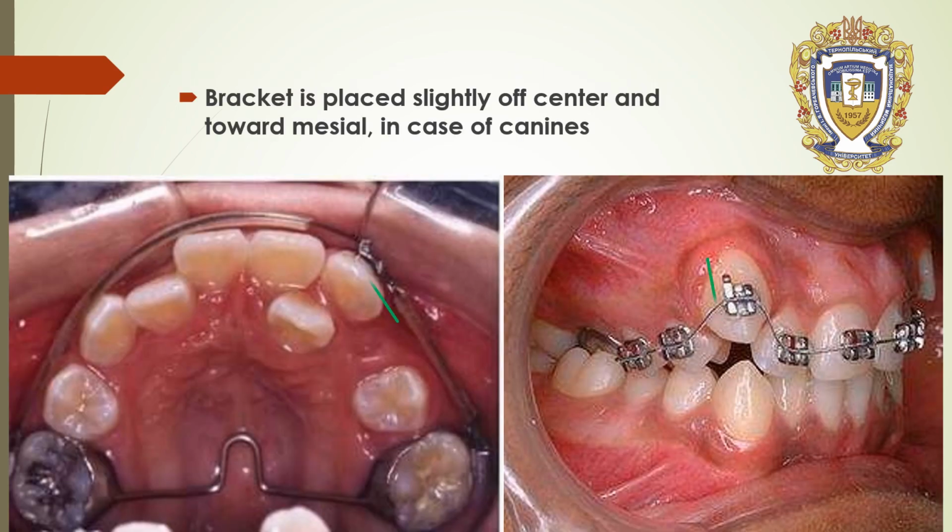The bracket is placed slightly off center and toward mesial in case of canines, as you can see in this picture. The bracket is placed more mesially from the center of the tooth and more orally.